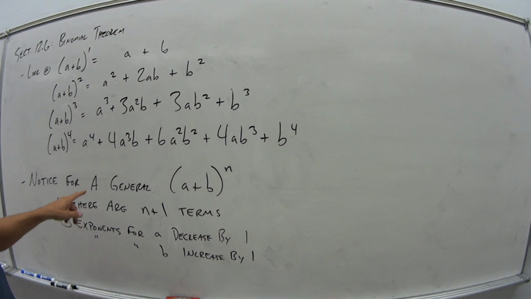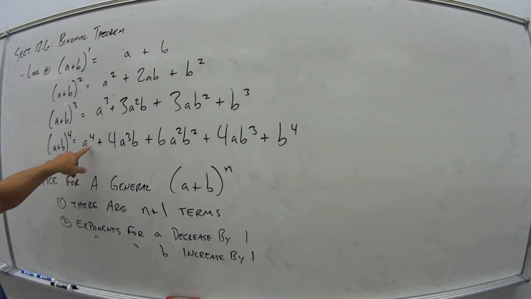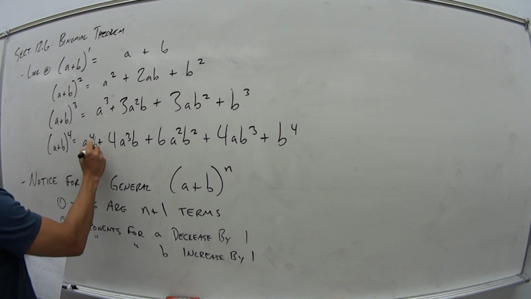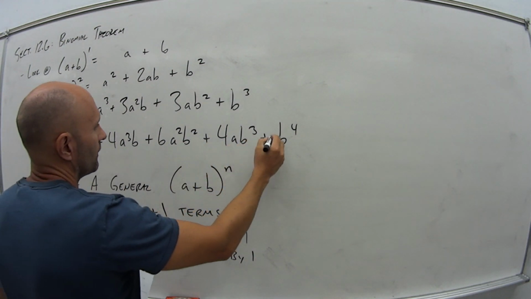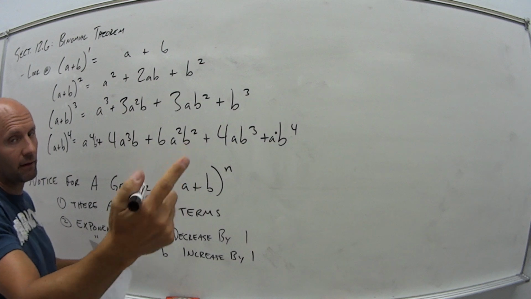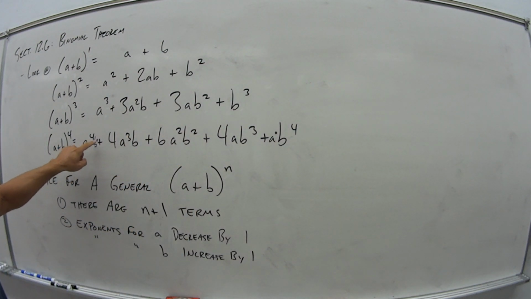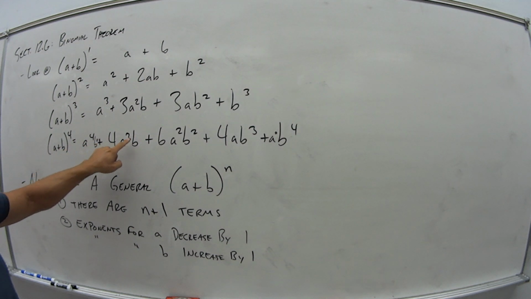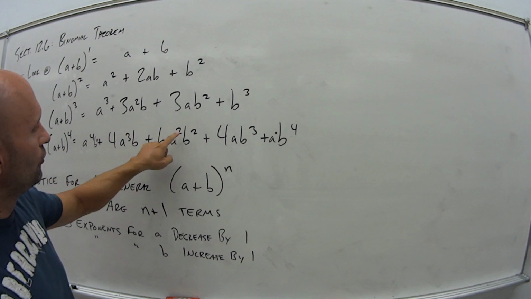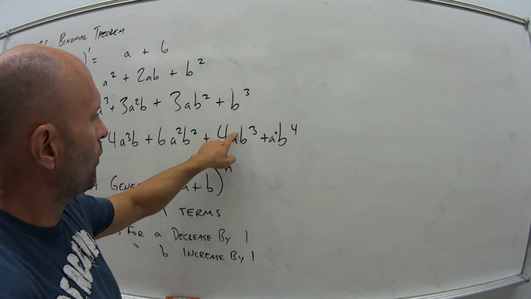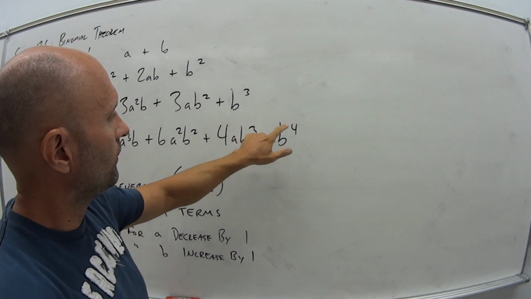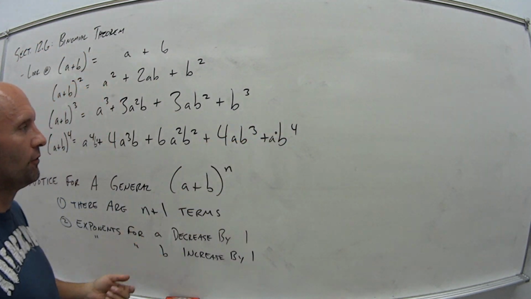And then lastly, let's look here. This is like B to the 0 power, and this is like A to the 0 power. Anything to the 0 power is 1, so we don't write it out. But we have 4 plus 0 is 4, 3 plus 1 is 4, 2 plus 2 is 4, 1 plus 3 is 4, 0 plus 4 is 4.